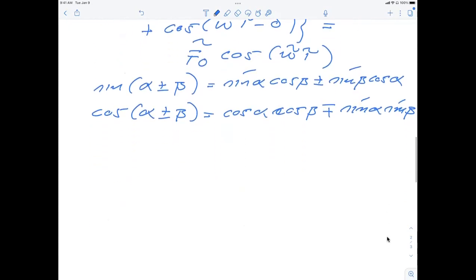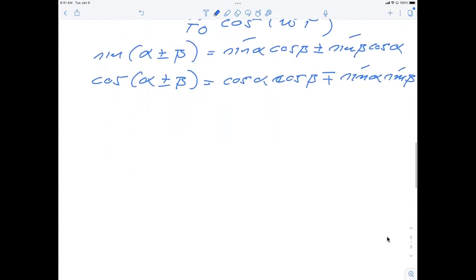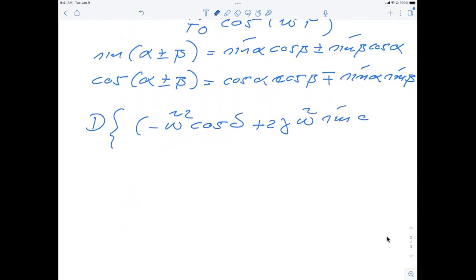So what we do now, when we plug it in, we need to do some algebra here. So we get a d, and then we have a minus. This is the cosine piece, so it's going to look a little bit ugly. A cosine delta plus 2 times gamma of omega tilde of a sine delta plus a cosine delta. And this is multiplied with a cosine of omega tau.